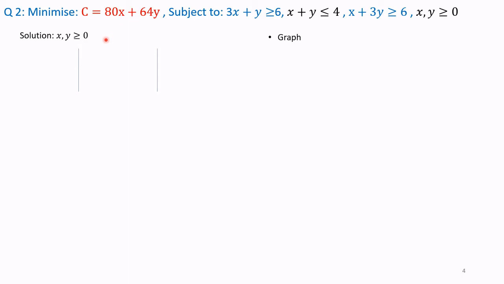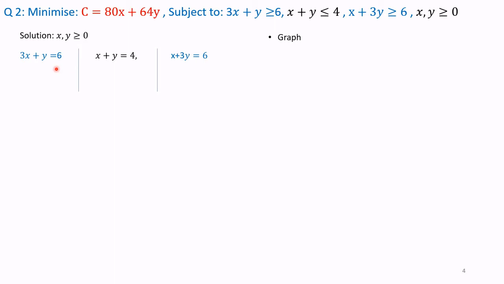So 3x plus y is equal to 6, x plus y is equal to 4, and x plus 3y is equal to 6. These are the three constraint equations. We will calculate the values of x and y to get at least 2 points for drawing a line.